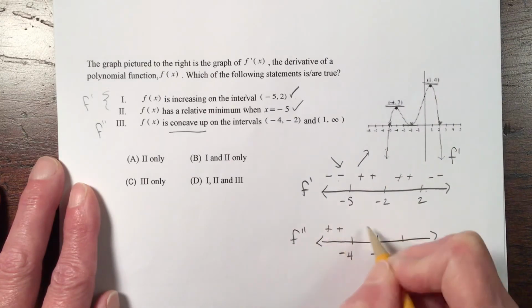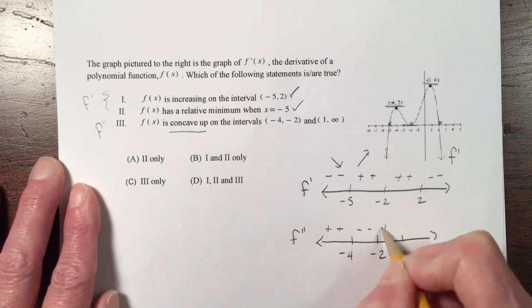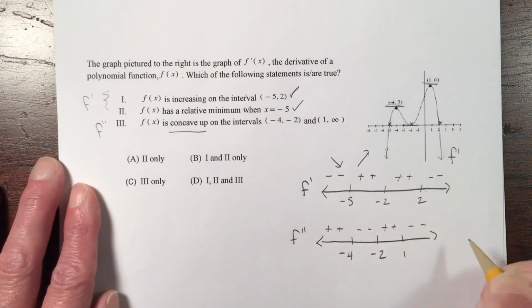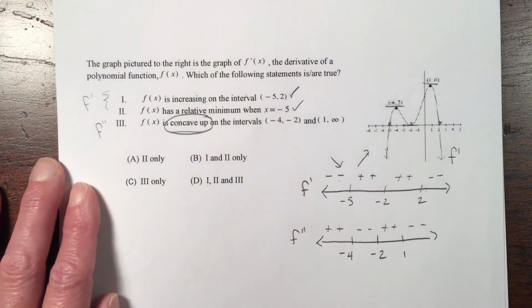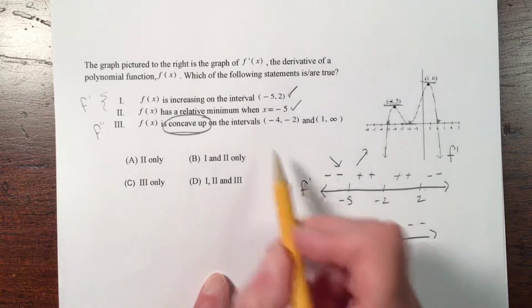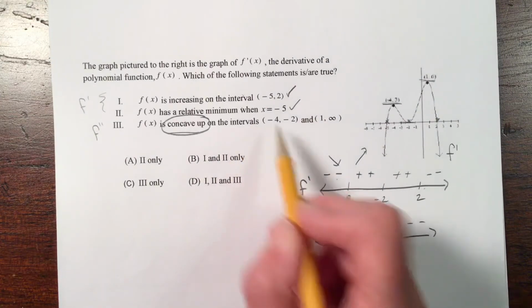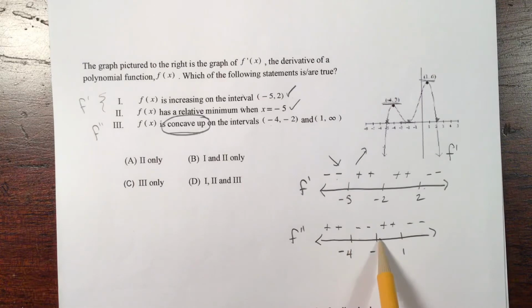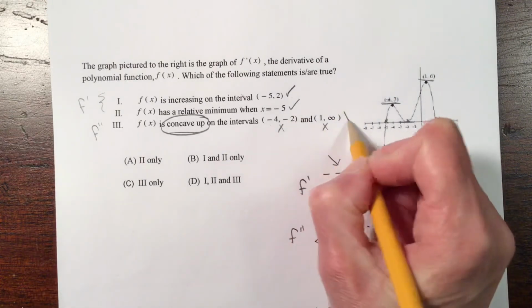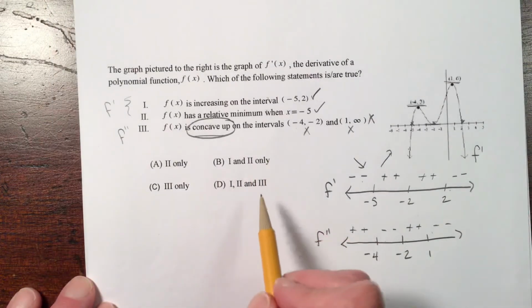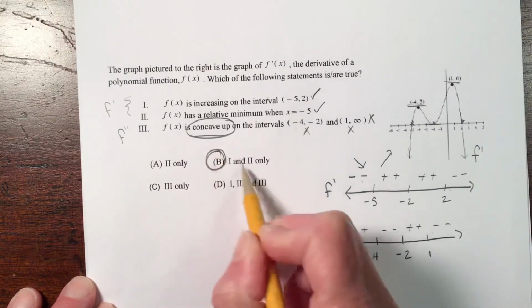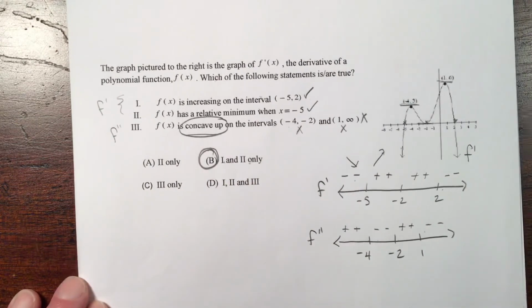Positive, negative, positive, negative. Concave up, I'm going to look for my positive section. So this is saying it's positive on -4 to -2. No. 1, 2, no. So that rules out that choice. So here, the only obvious answer is options 1 and 2 only.